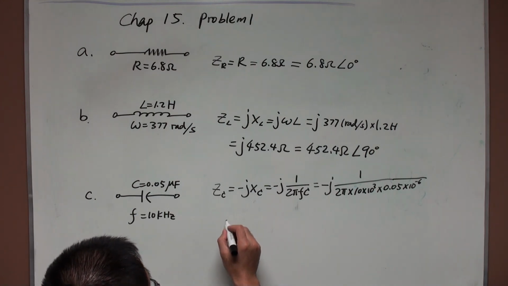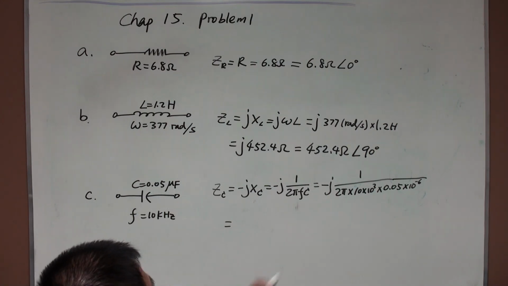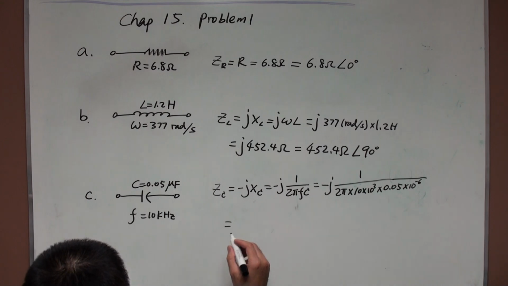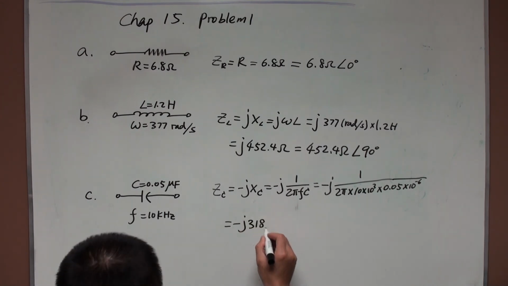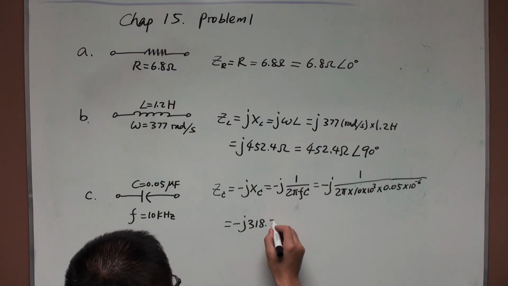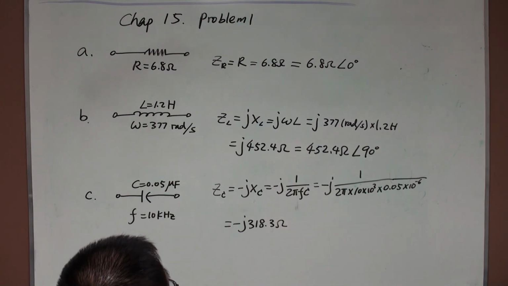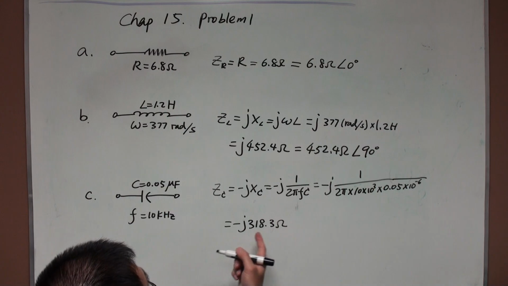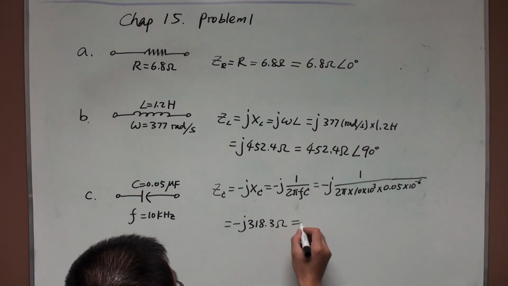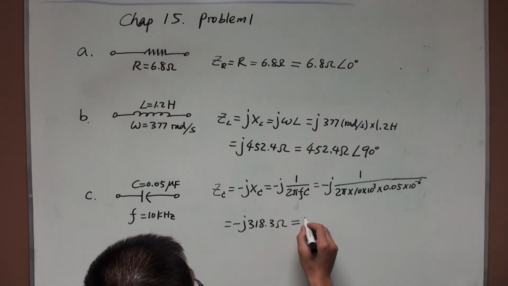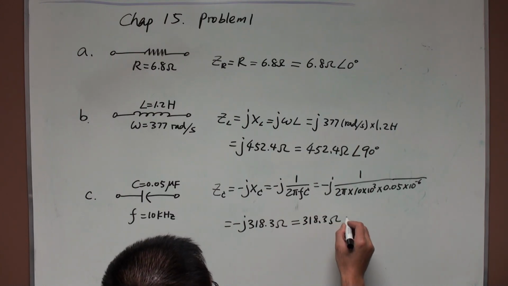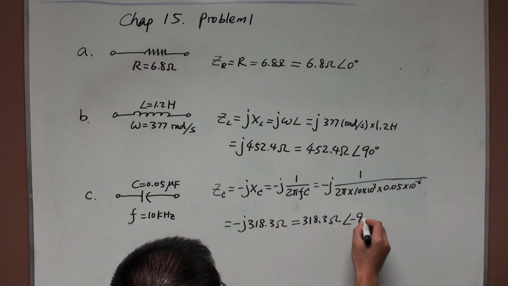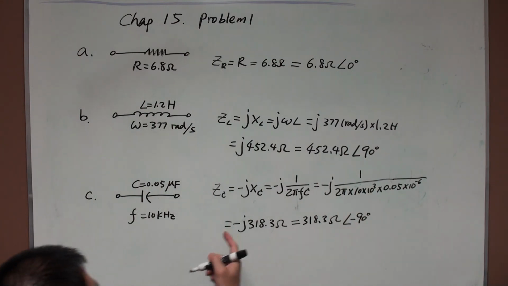If you calculate this, it will be negative j 318.3 ohms. So this is in rectangular form, and converting this into polar form, it becomes 318.3 ohms with a negative 90 degrees, because you have a negative j here.